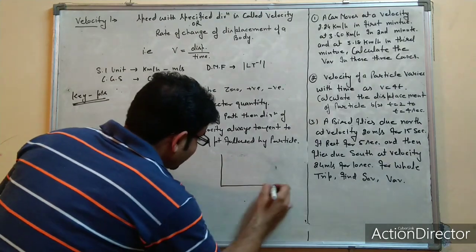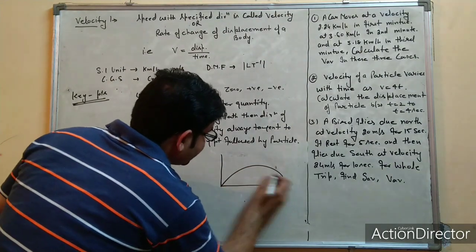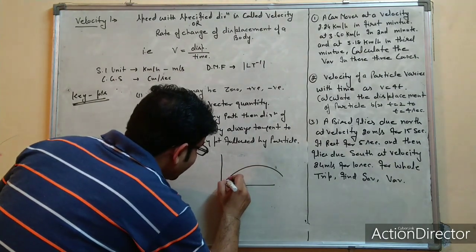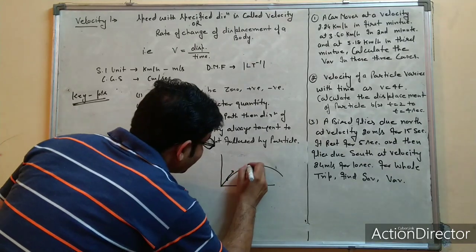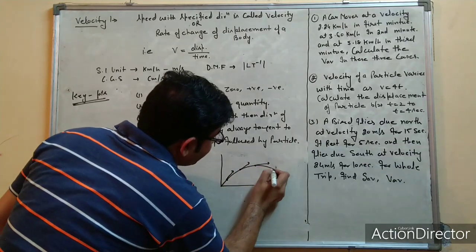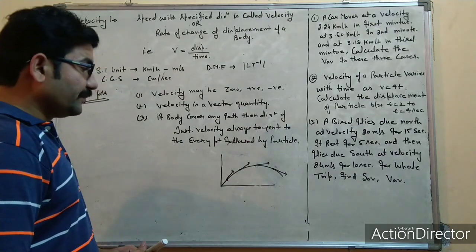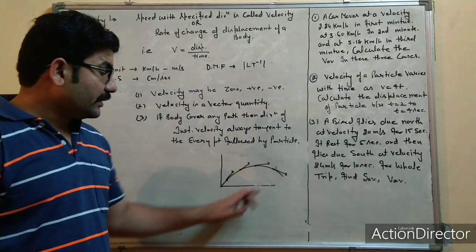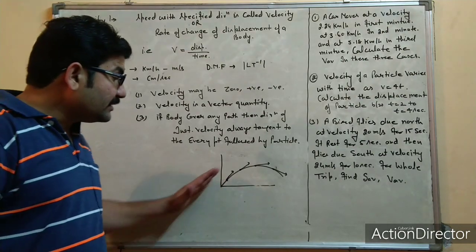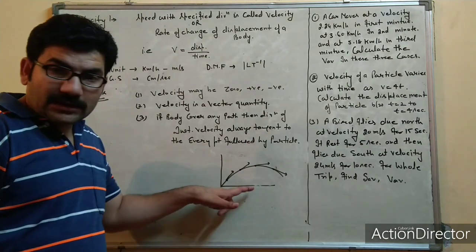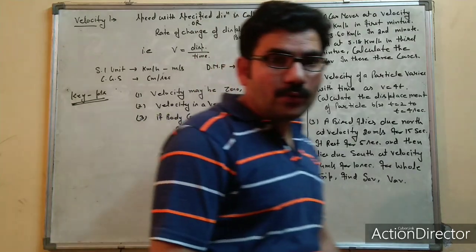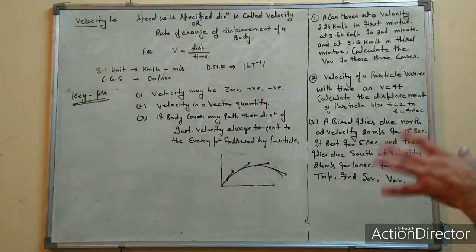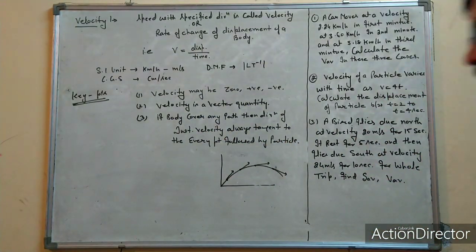Means the particle starts moving like this, then here the velocity will be this, here the velocity will be this, here the velocity will be this, and in this way. Its velocity on the path at every instant is tangential to the path followed by the particle. This is another key point.